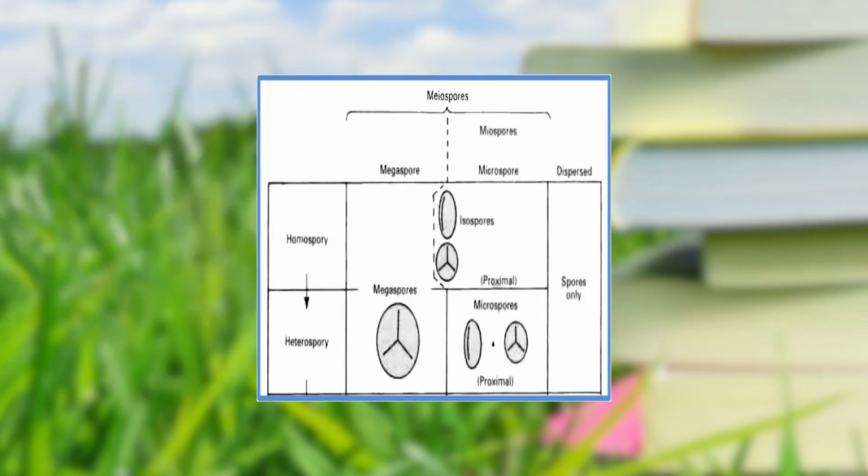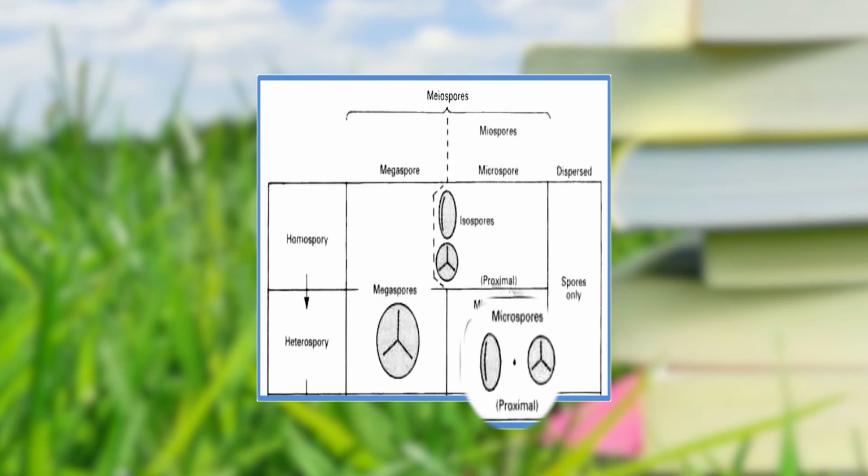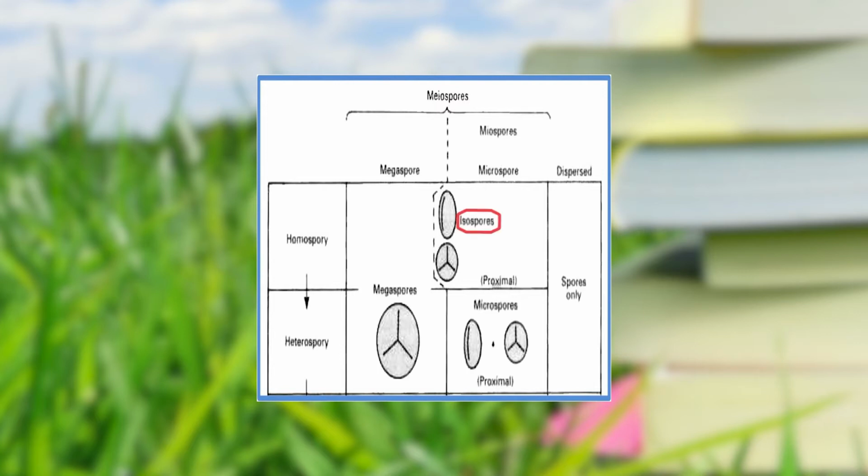Here in this picture you can see that the megaspore is comparatively very large as compared with the microspores. So this is the homosporous condition, when simple isospores are produced, and it has evolved to produce two different types of spores, the megaspores and the microspores.